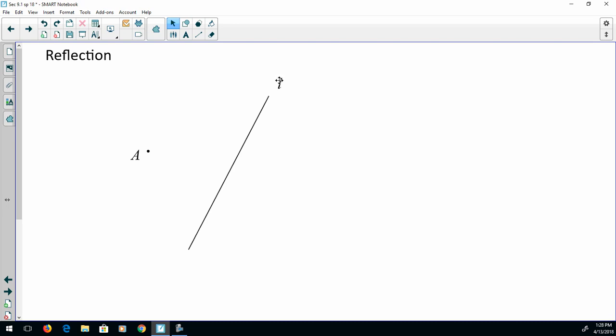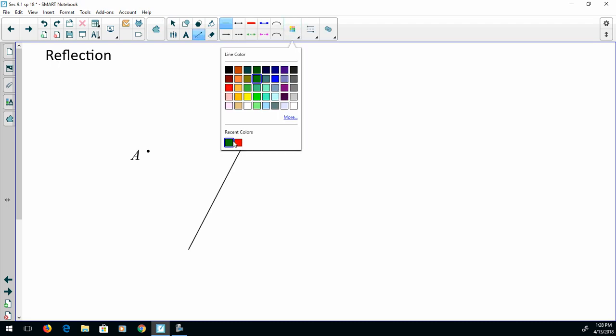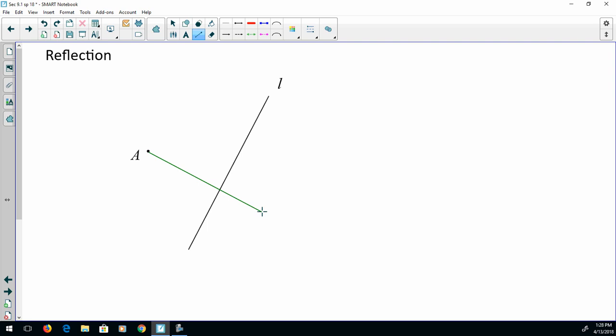Basically, if this is point A, then the reflection of point A, I may not have gone far enough, is the point on the opposite side of the line L that is the same distance from L, so that AA prime is perpendicular. So it basically flips it to this point.